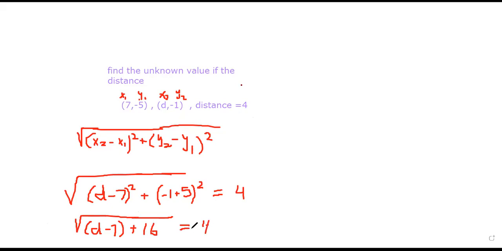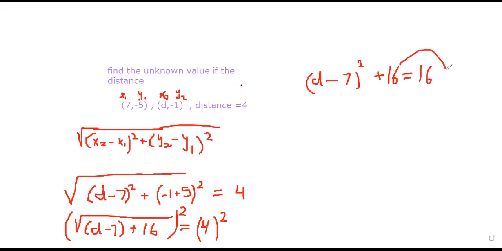If I want to remove a radical sign now, then we will make all to the power of 2 and all to the power of 2. To remove a radical sign, then you have d minus 7 all to the power of 2. Okay, we remove the radical sign, plus 16. This is equal 16.